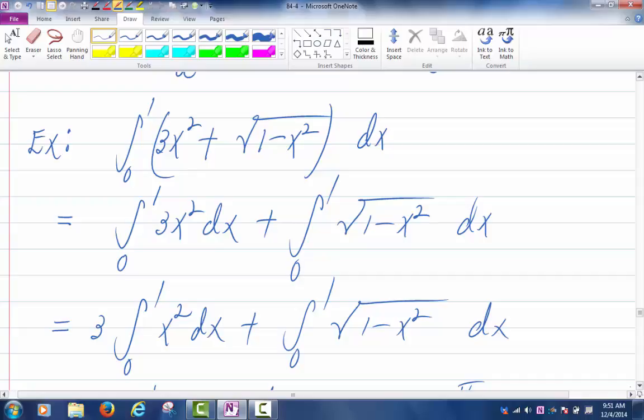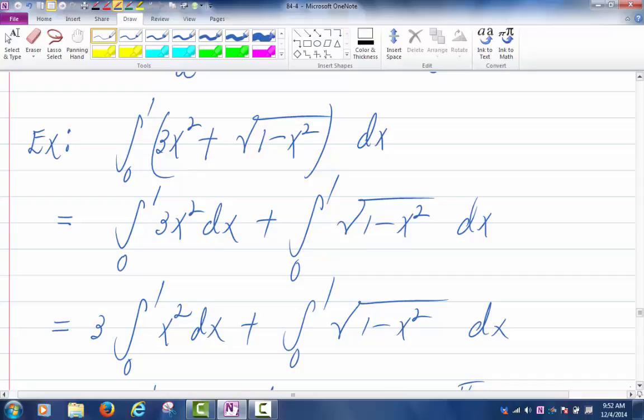Well, by using my second rule, instead of integrating the whole thing, I can integrate term by term. So I can integrate 3x squared and I can integrate root of 1 minus x squared separately.